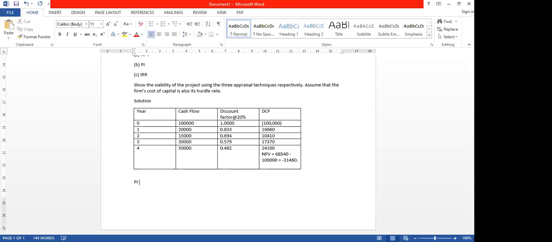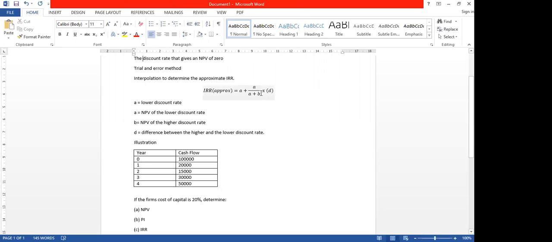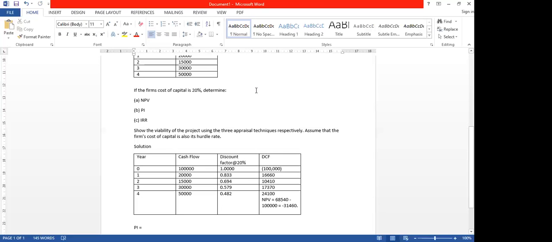Remember, PI is equal to DCF over initial outlay. DCF here is 68,540.